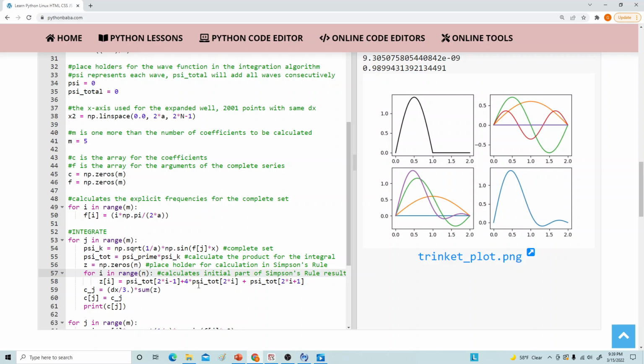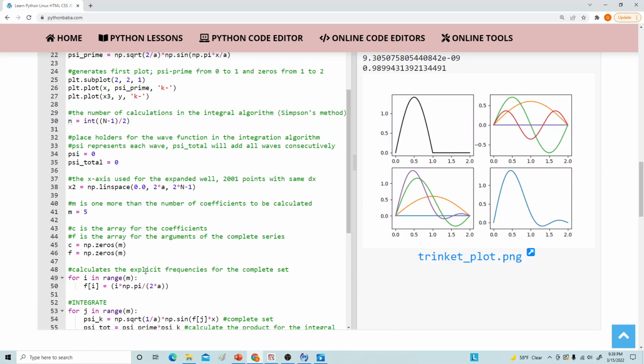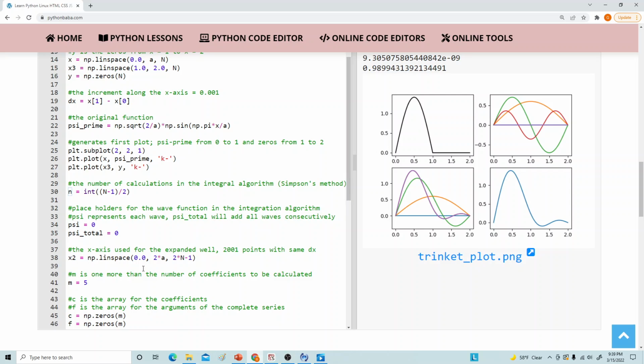Okay, and remember, once again, just reiterating the point, we're looping over lowercase n because in Simpson's rule this is the number of data points that you actually do use in the loop.